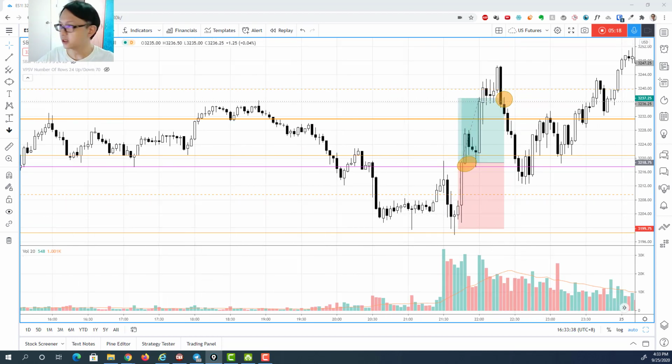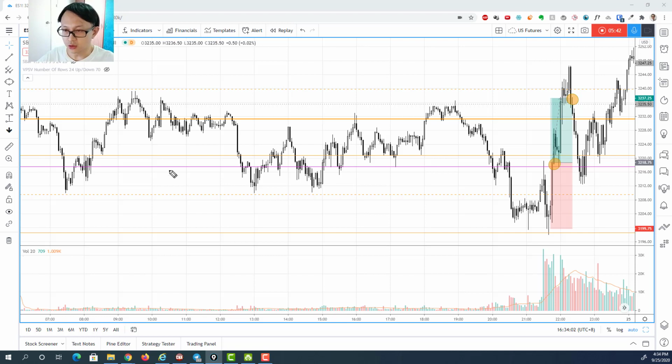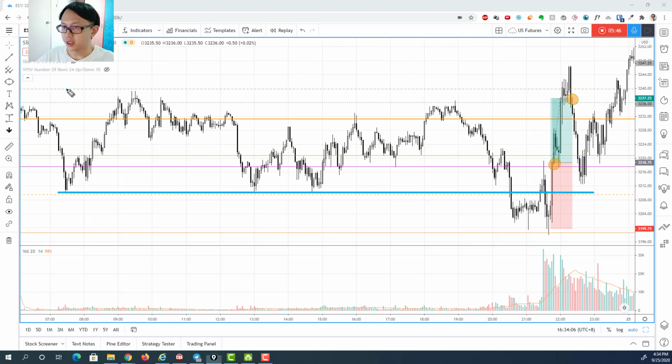You can see that the actual US session started at about 9:30 p.m. my time zone. We saw this sell-off, or the reaction, and it just committed the prior low here. But anyway, the actual structure that I leaned against to trade this false breakdown was the trading range that I showed you earlier on.